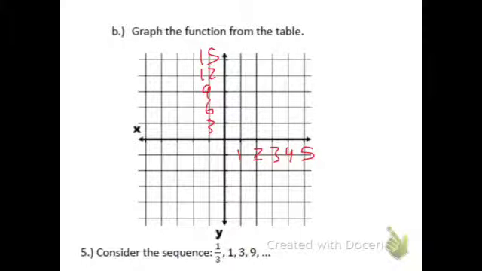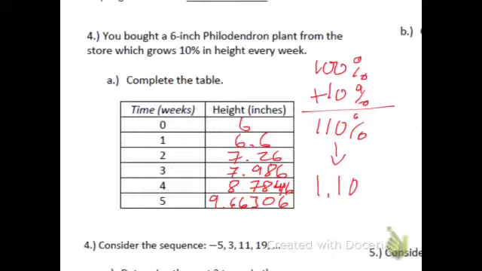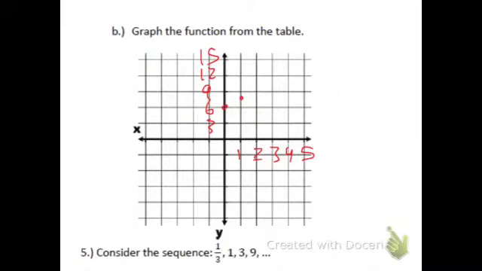So I got 0, 6, and I got 1, 6.6, which is about there. And then my next one, 2, 7.26. Whoops, my 6.6 is way too high. I forgot I was counting by 3's. More like that. And then 7.26 is really close to halfway up.